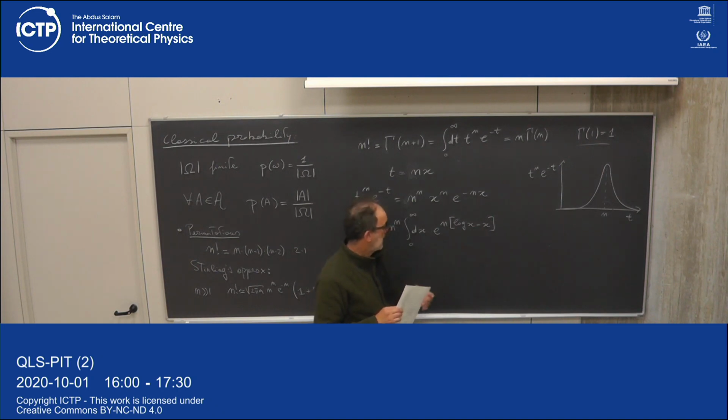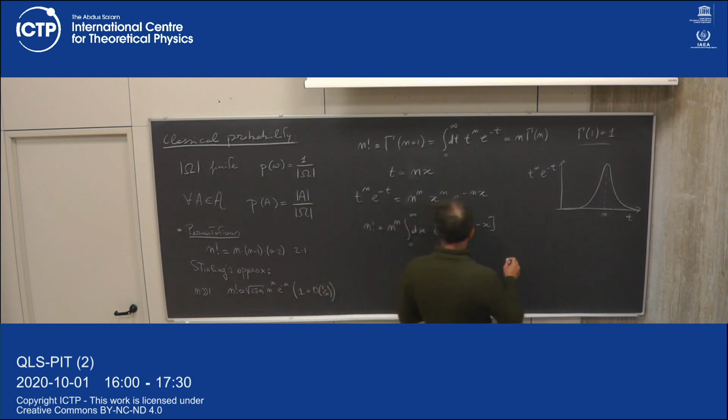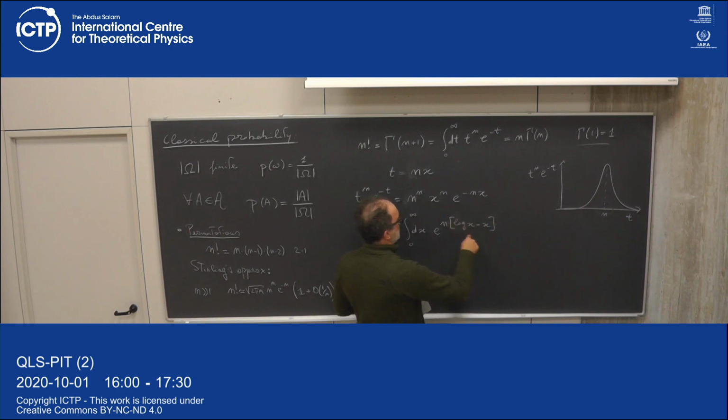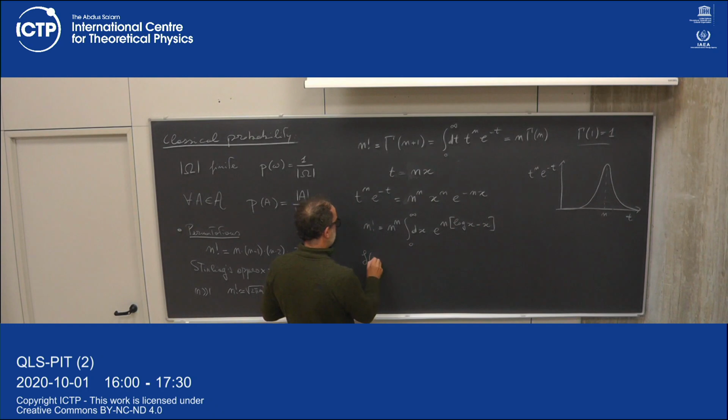Okay? And so the idea to compute this integral is to expand this function here around its maximum. So if I call f of x the function log of x minus x, then the first derivative is given by 1 over x minus 1.